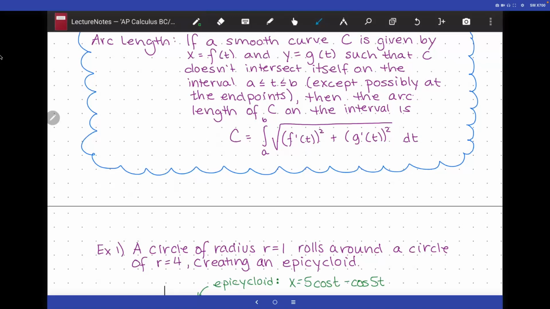An epicycloid. Parametric equations can make some funky curves. We've got cycloids, we've got epicycloids. I have a picture of what an epicycloid is.